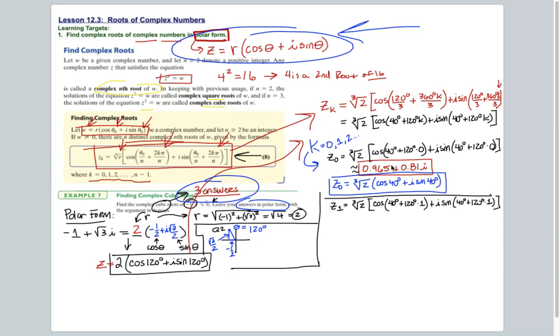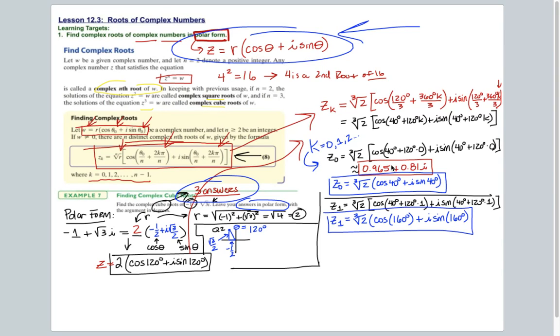So here comes my next cube root. For this particular number, it's going to be the cube root of 2 times the cosine of 40 and 120, that's 160, plus i times the sine of 160 also, just like that. So that's my second cube root.